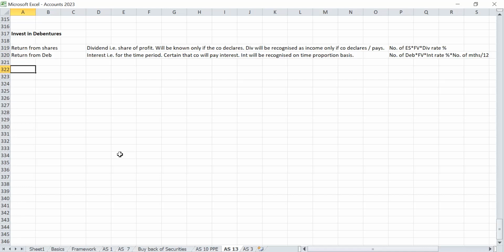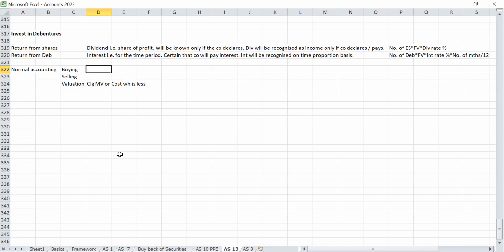Here also I am splitting the total concepts. Normal accounting, which consists of buying, selling, and valuation. Here also same: closing market value or cost, whichever is less. Buying also same.